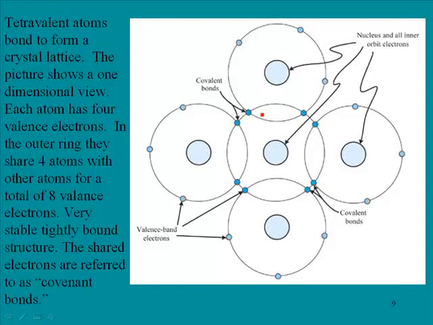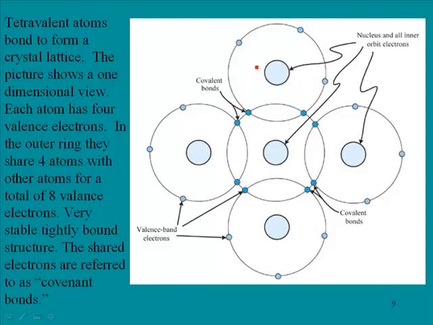And so here, this is one of the silicon atoms, and it has 4 electrons in its valence shell. What's happening here is you're seeing that there are 8 in its outer shell. The reason there are 8 is because it is sharing electrons with the atoms right next to it.